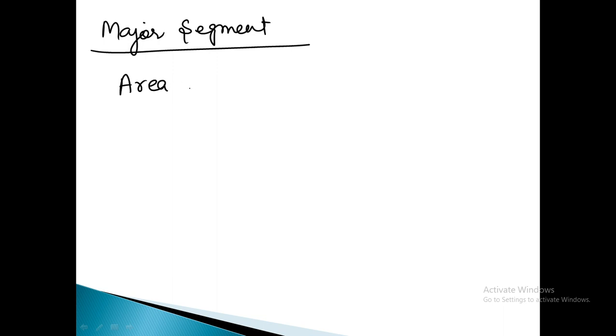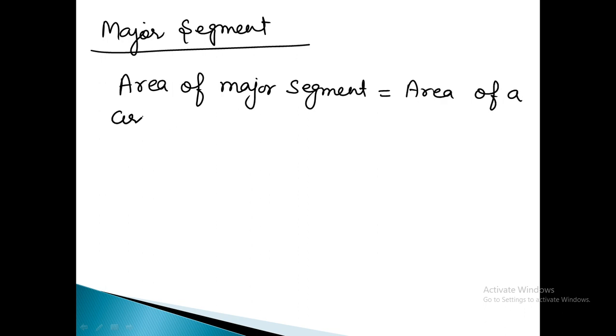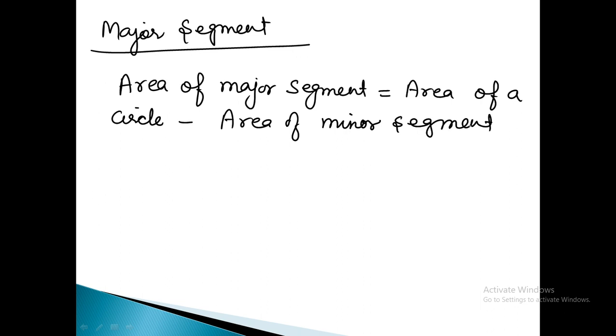Area of the major segment is equal to area of a circle minus area of minor segment plus area of triangle.